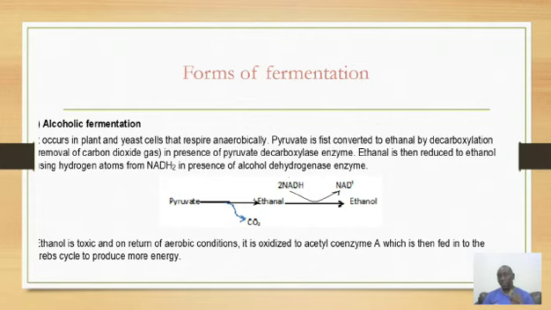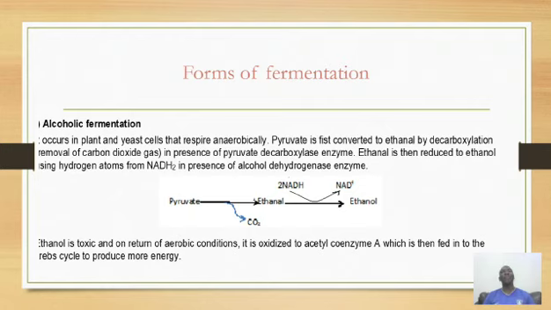Remember, how does this occur? After glycolysis, in absence of oxygen, the pyruvate or pyruvic acid undergoes decarboxylation. Pyruvic acid, in absence of oxygen, in plant cells or in yeast cells, undergoes decarboxylation.